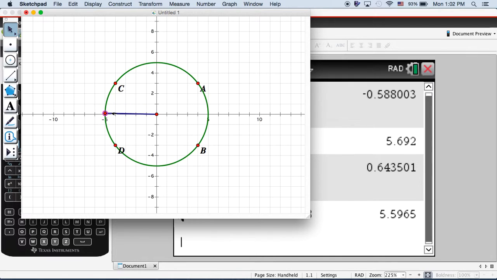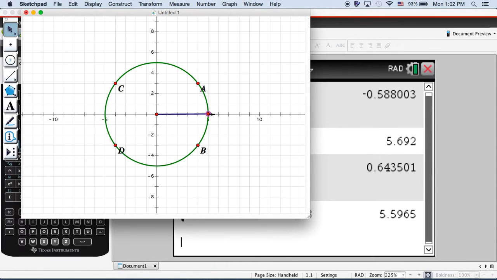If you do that on the calculator, you get negative 0.64. What does that mean? That goes from here, which is negative 1, 0, to C. If you walk along the edge of the circle, you get negative 0.64 units, right? So the distance from here to here is negative 0.64.